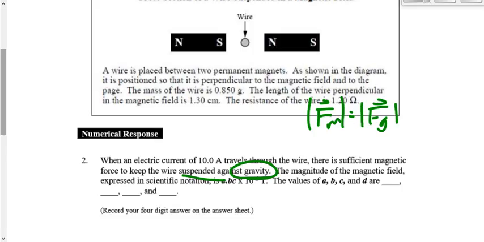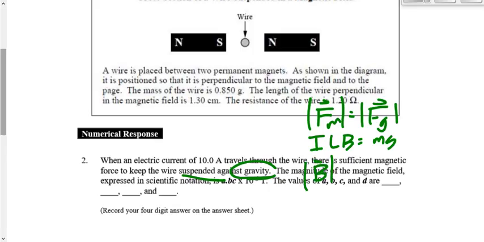So we're going to say for this, what do we got? Is it ILB? Yep. I is 10 amps times the length of the wire, which is 0.013, times the magnetic field, which is, oh, that's what we're finding here, right? Let's rearrange this here.